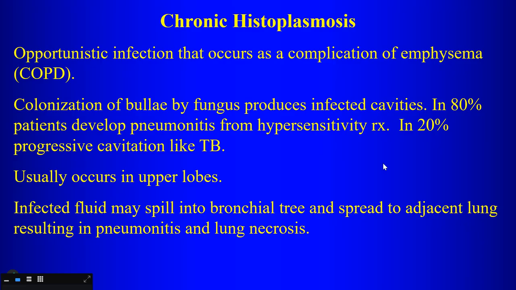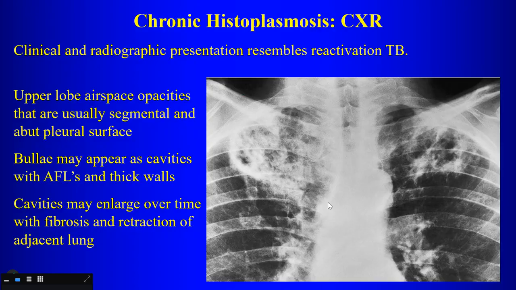Chronic histoplasmosis occurs in asthmatics. Colonization of bullae by the fungus can produce infected cavities, so they'll develop pneumonitis, and some patients can develop progressive cavitation. It can look like tuberculosis. Usually upper lobe, the infected fluid can spill into the bronchial tree and spread to adjacent lungs.